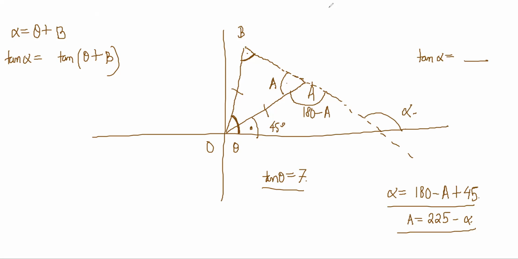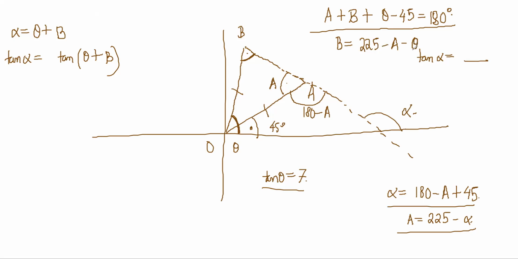And A plus theta minus 45 plus B is equal to 180, right? So B is equal to 180 plus 225 minus A minus theta, right?